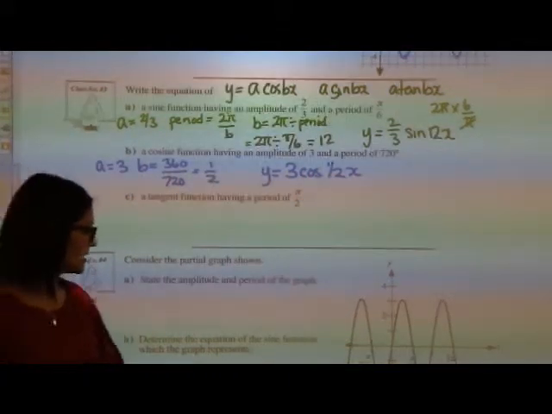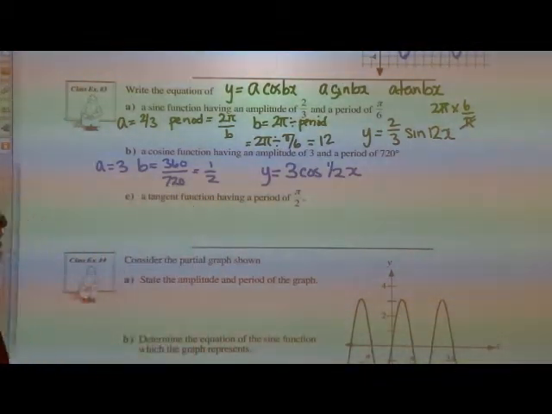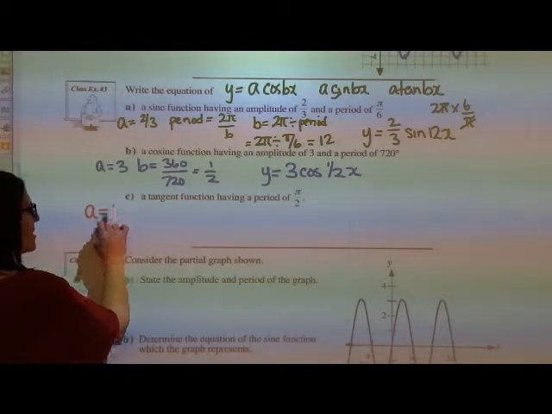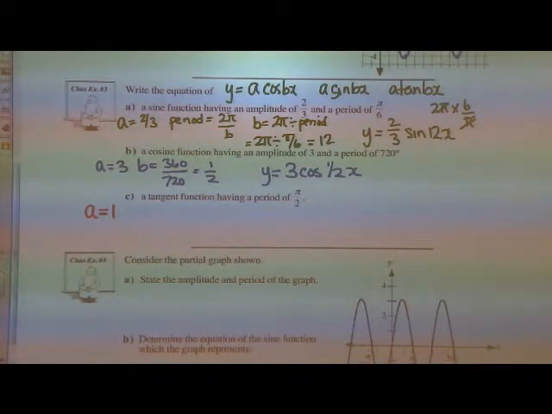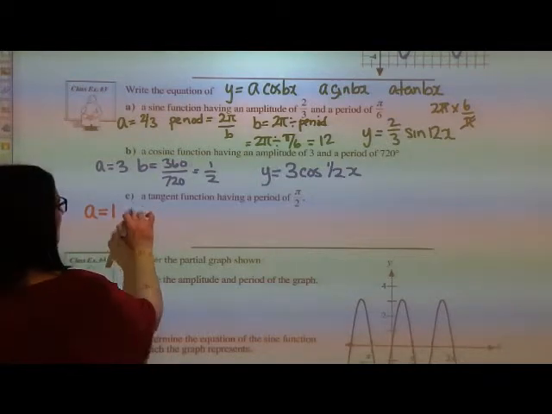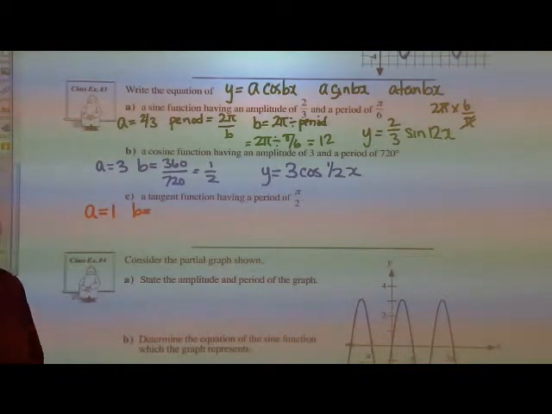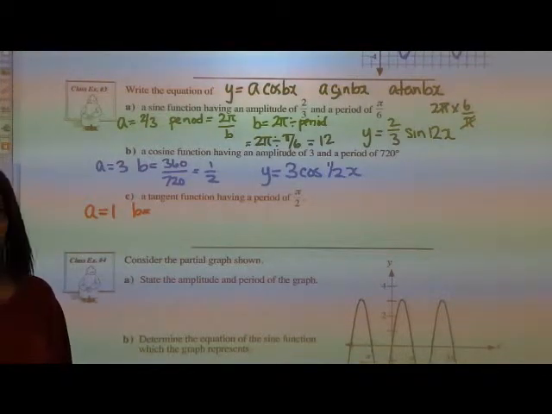Okay, and the last one, a tangent function that has a period of pi over 2. What would be the value of a? Just be 1. If I'm not told anything else, the amplitude is always 1. What would be the value of b? 4. Isn't it 2?